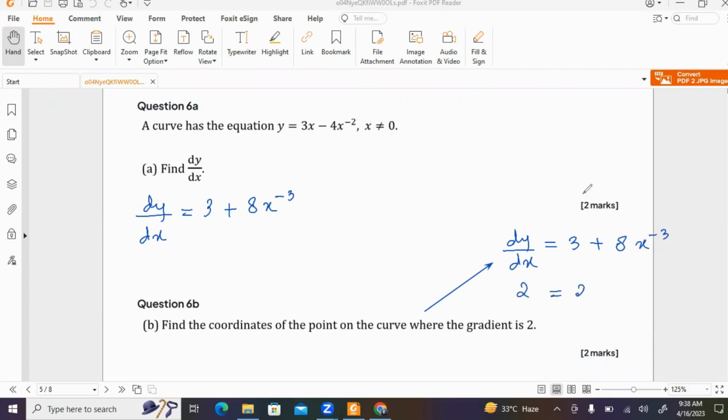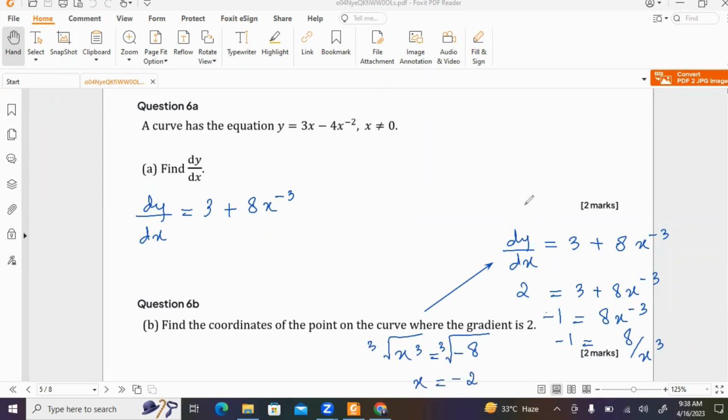So 2 equals 3 plus 8x to the power of negative 3. So it's going to be negative 1 equals 8x to the power of negative 3. If we rewrite this, it's 8 over x to the power of 3. Cross multiply to get x cubed equals negative 8, and if we take the cube root of both sides, x equals negative 2.